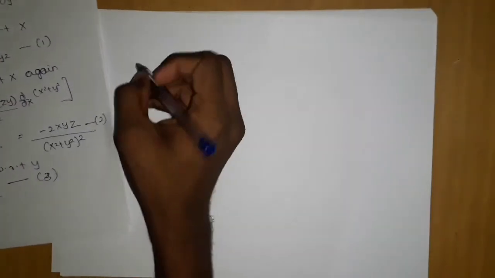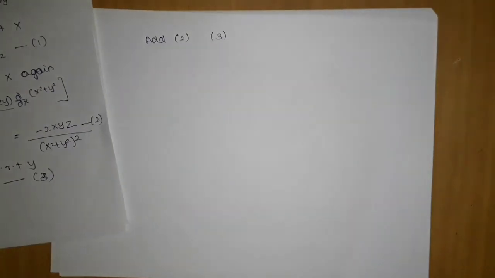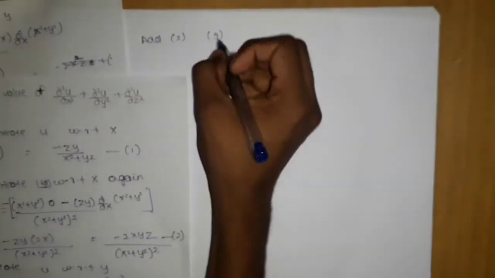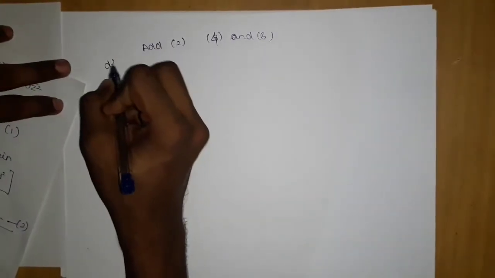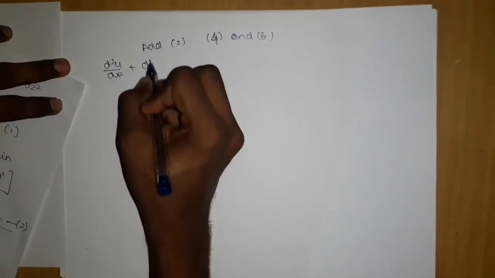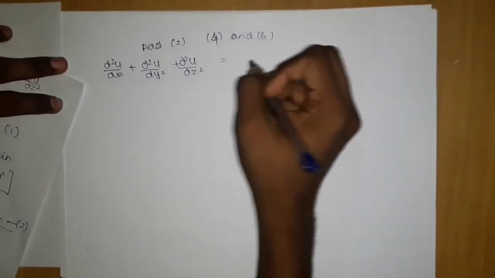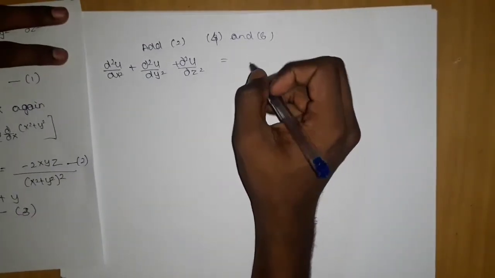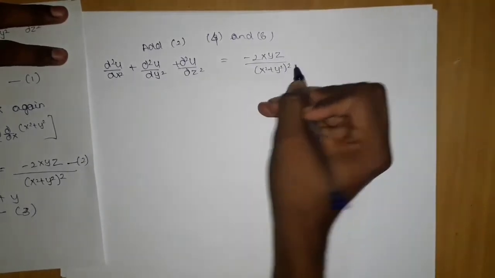Add 2 and 4, this one is of no importance, and let's call it 6. So we have dou square u by dou x square plus dou square u by dou y square plus dou square u by dou z square, which will be nothing but, if you go on simplifying, minus 2xyz by x square plus y square the whole square.